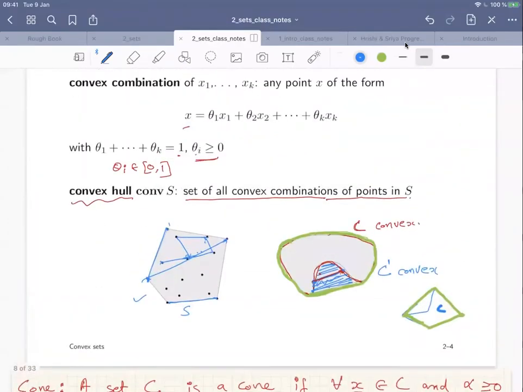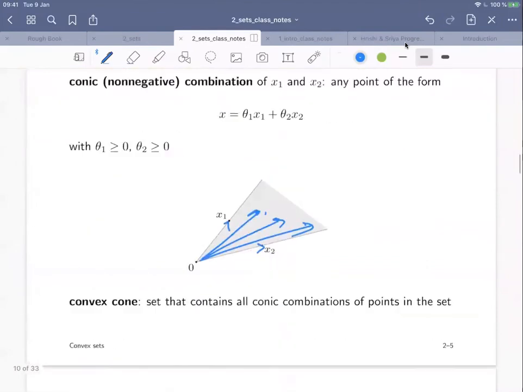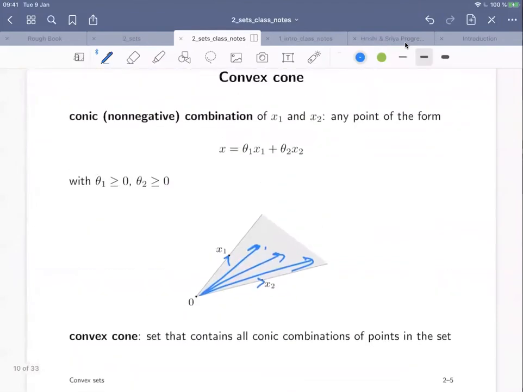Again, you may ask, we have the definition of a convex cone. Let's call this set C, or cone C. Why do you call this a convex cone? Why is cone C convex?